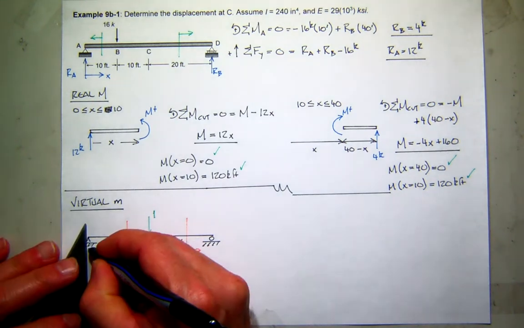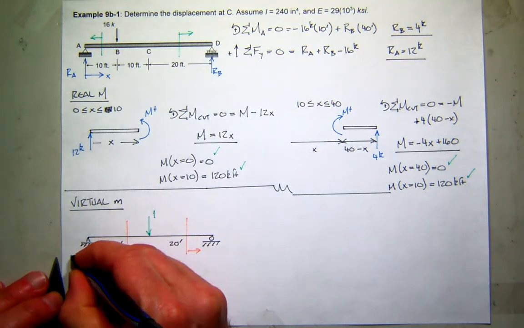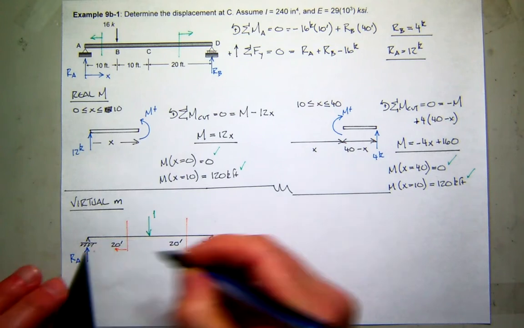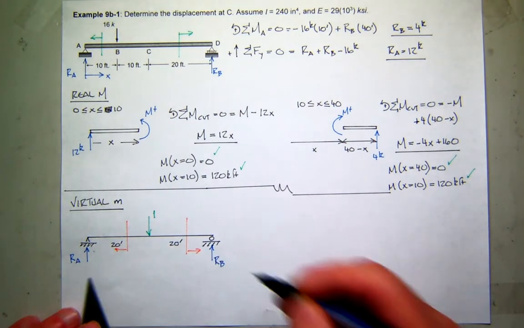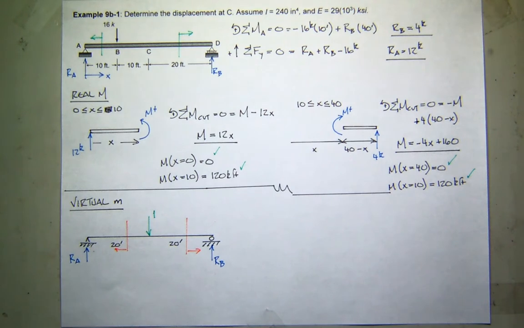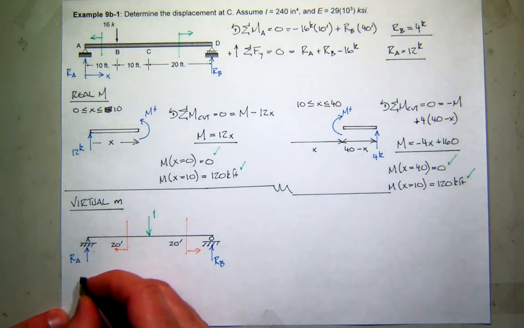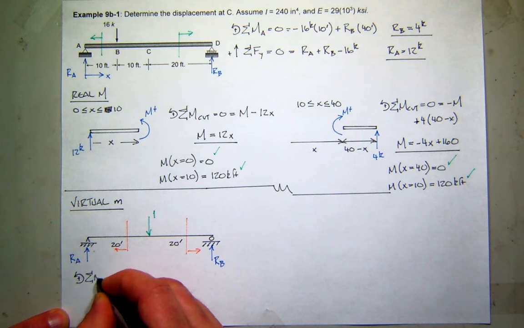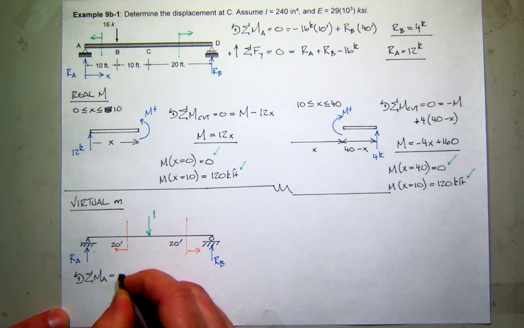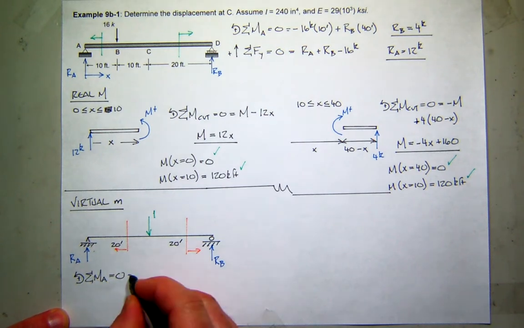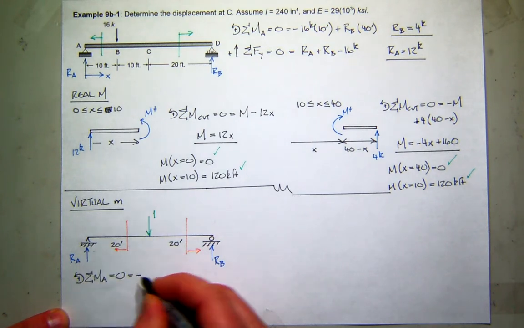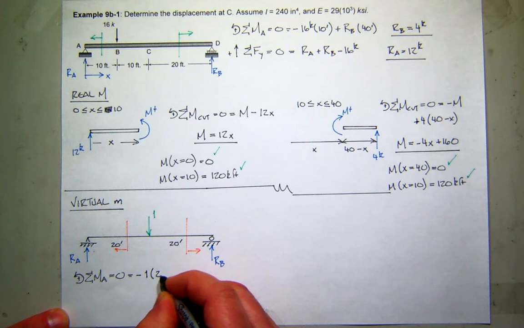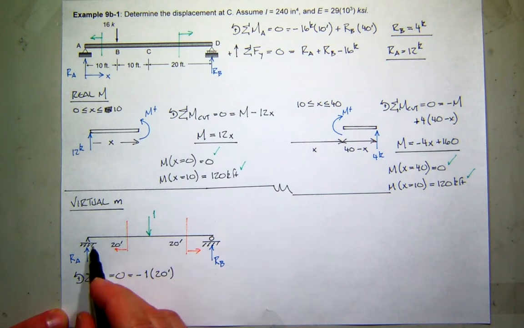So I'm going to have, in this case, a reaction at A. In this case, a reaction at B. So I'm going to sum moments at A. Make sure it's in equilibrium. So my virtual load about A creates negative moment, unit of 1. The distance from A to C is 20 feet.